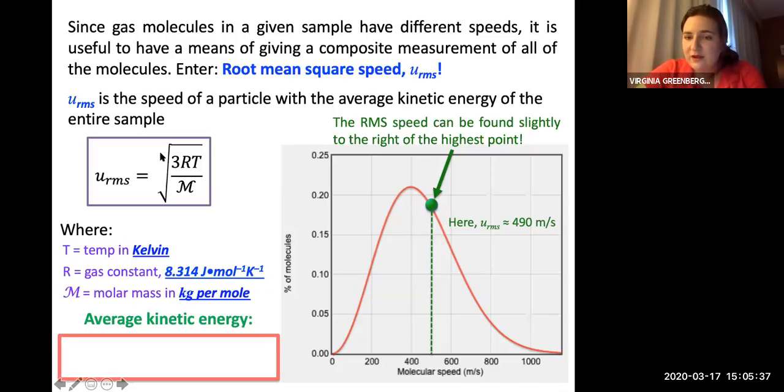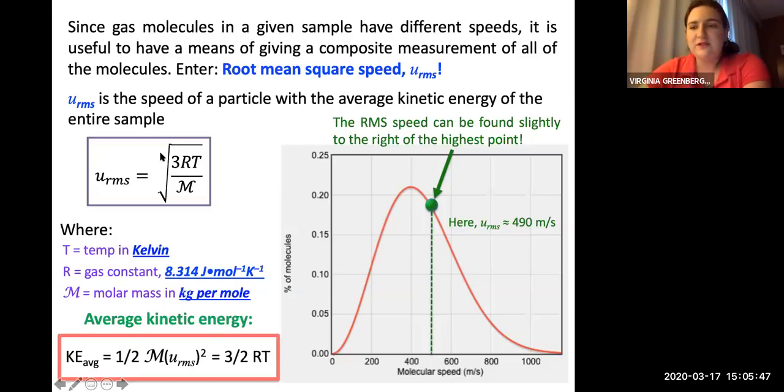And we can use the RMS speed to help us think about temperature and kinetic energy. So we can relate those three terms together by using the traditional kinetic energy equation, 1/2 mv squared. If you look at the equation that's written there, we have 1/2 times our molar mass times our average speed squared.